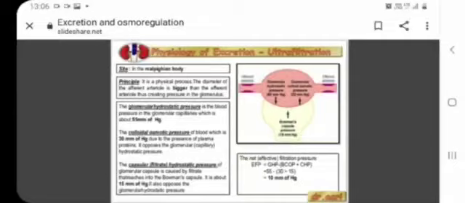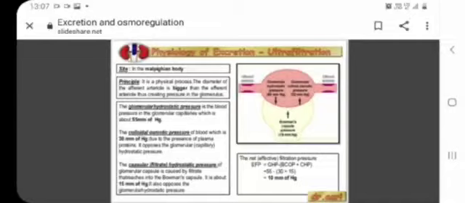The diameter of the afferent arteriole, as is evident from the diagram, is bigger than the efferent arteriole, thus creating the pressure in the glomerulus. The glomerular hydrostatic pressure is the blood pressure in the glomerular capillaries, which is about 55 millimeters of mercury.